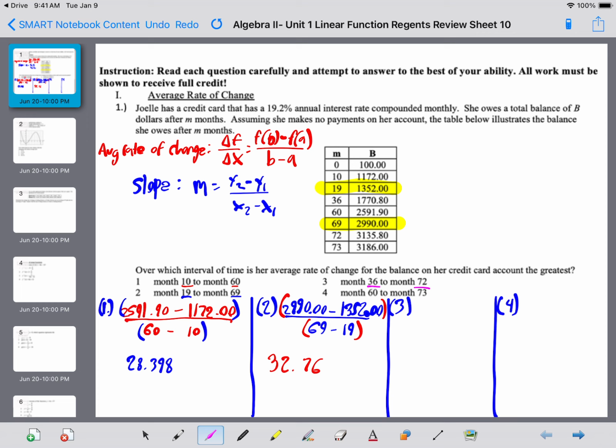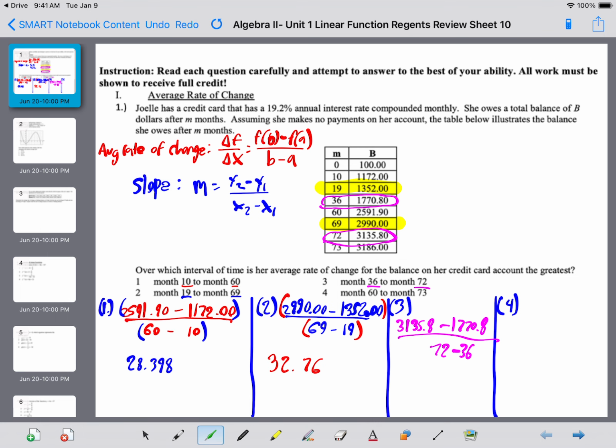We're going to do the exact same thing for this one. Month 36 to 72. So 3,135.8 minus 1,770.8 over 72 minus 36.